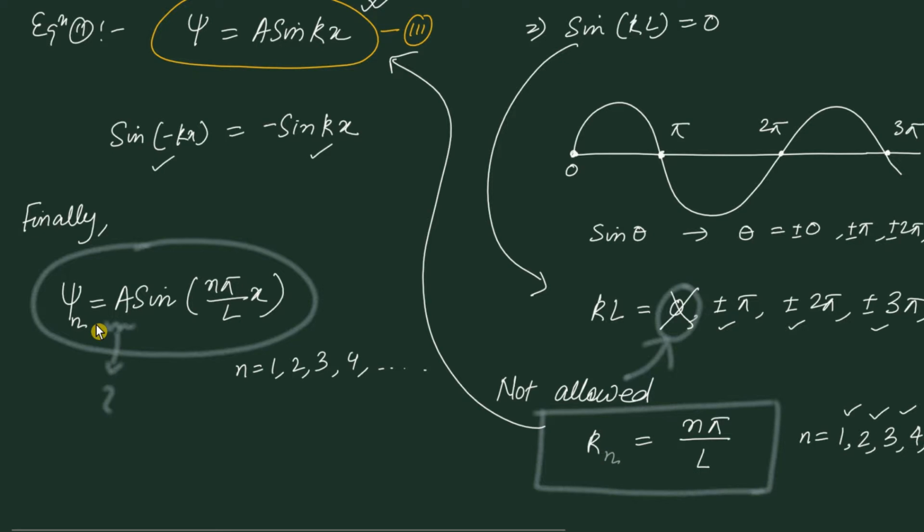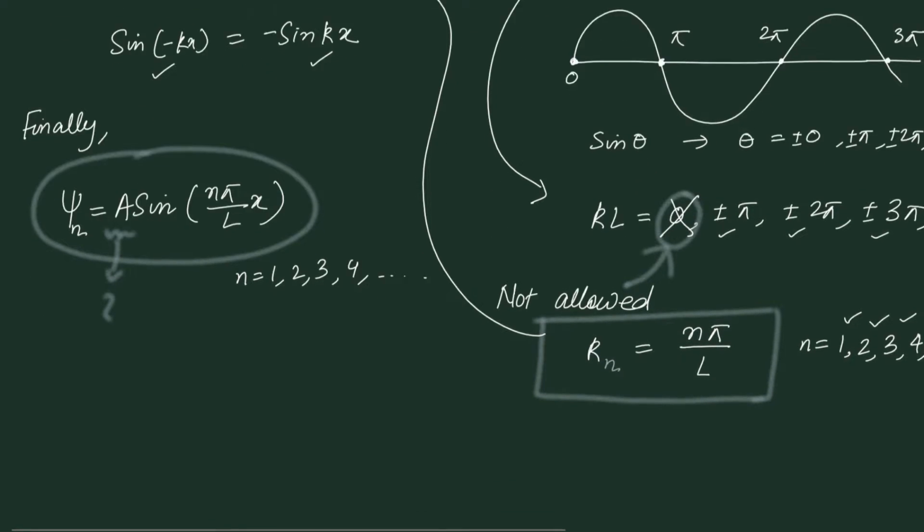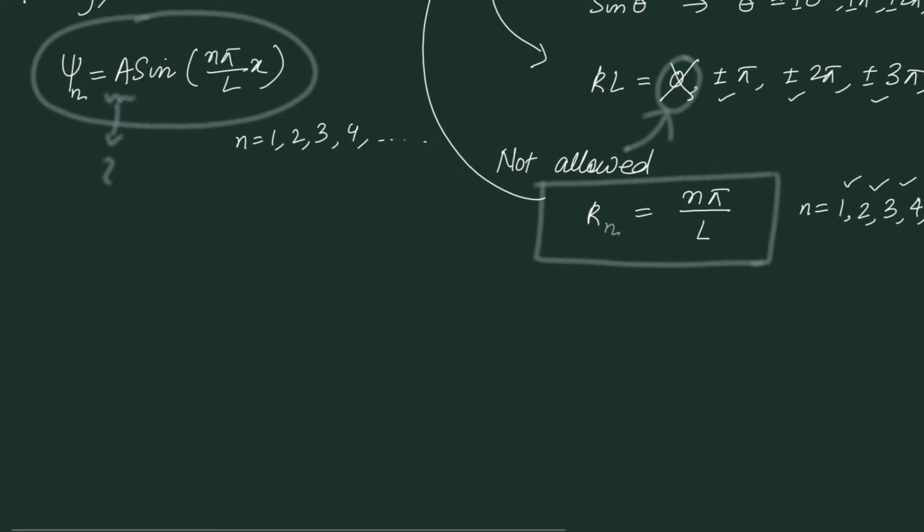I'm going to elaborate this later on, but for the time being, let us concentrate on this particular a. How to find a? We can find a by normalizing the wave function. So we need to normalize the wave function.